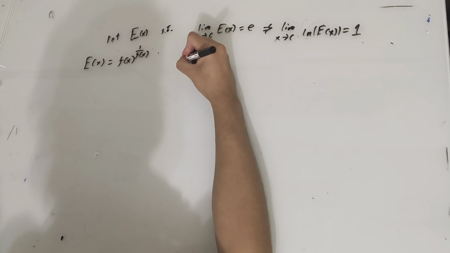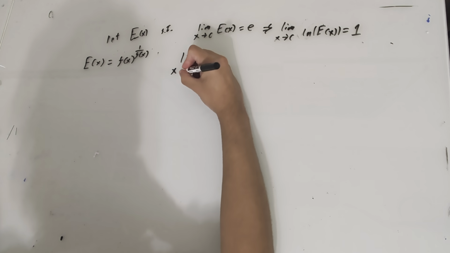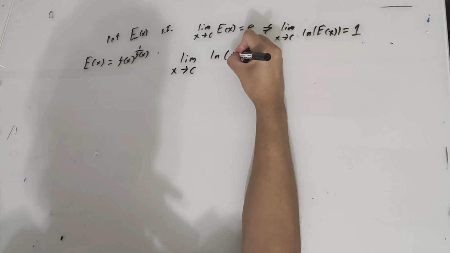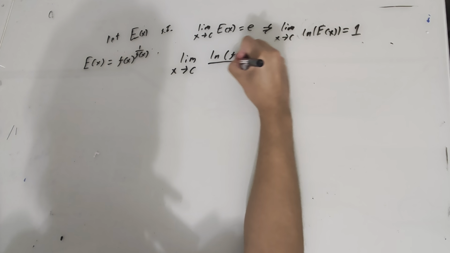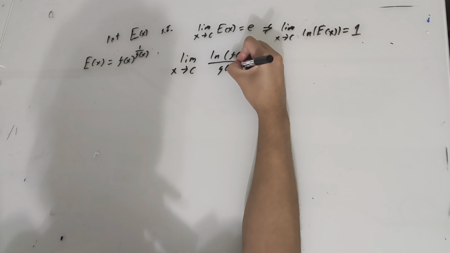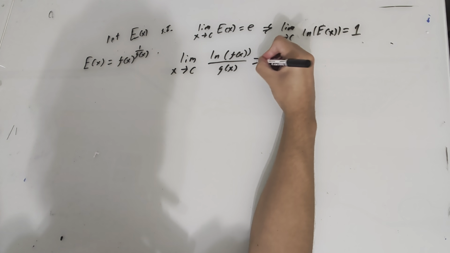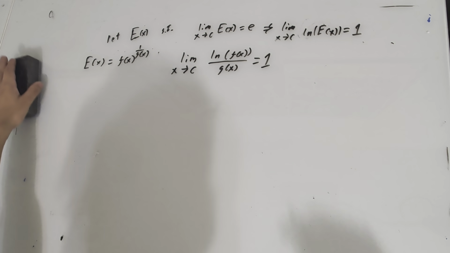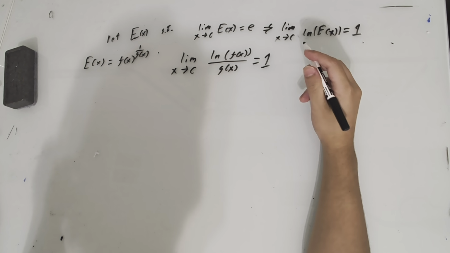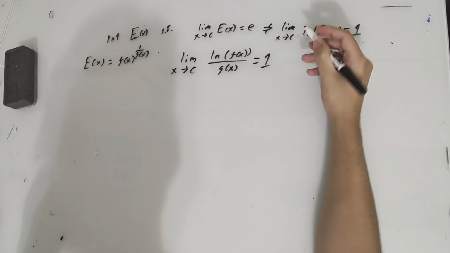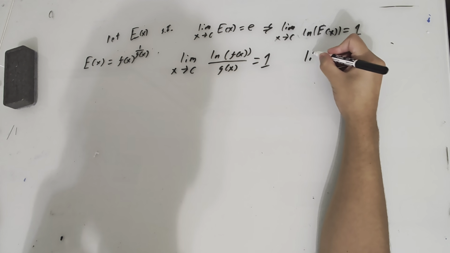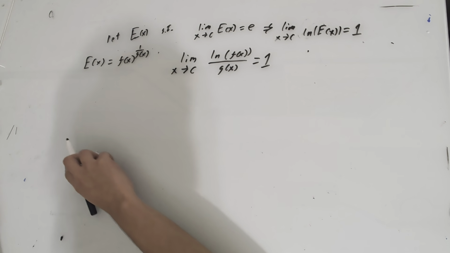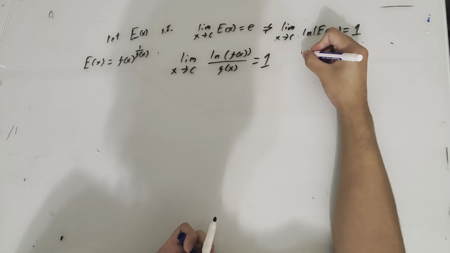So now we want the following to be true. The limit of the natural logarithm of f of x over g of x as it approaches c equals 1. We're going to do a weird trick. We want this to be an indeterminate form, and this is a restriction that our functions g and f have to follow.